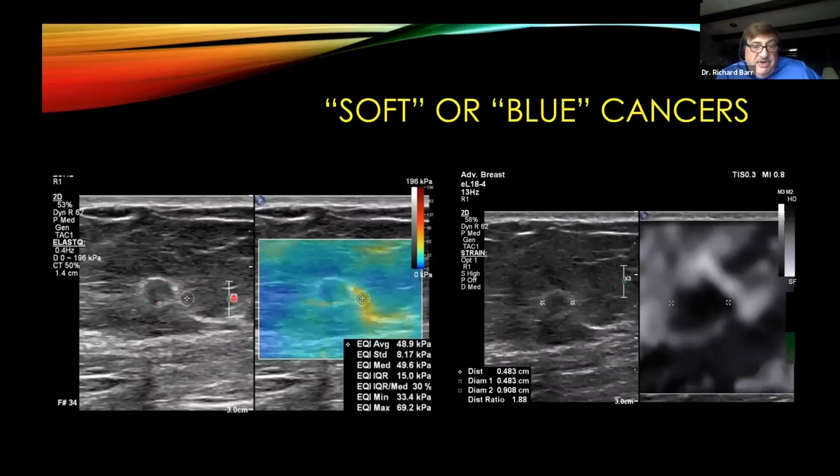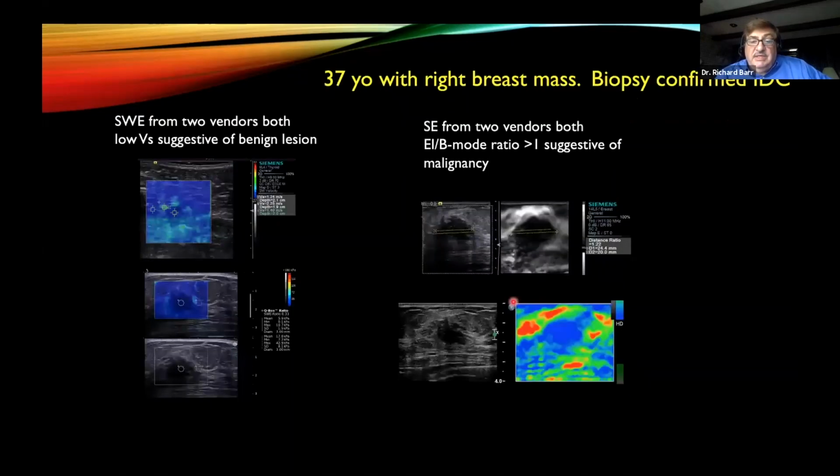The stiffest area is actually on the outside, but it's very soft. The cancer itself is very soft, about 15 kilopascals. But if we look at strain, our strain ratio, or E to B ratio, is 1.9, highly suggestive of a malignancy. So here, shear wave suggests benign, strain suggests malignancy.